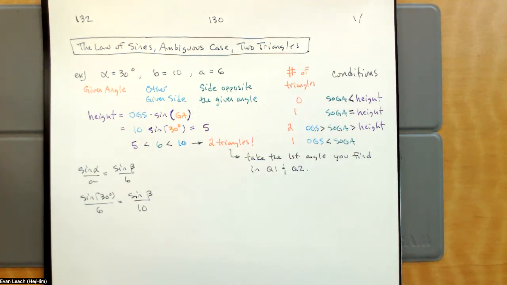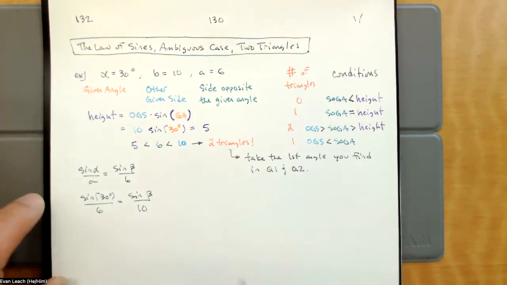So I'll multiply both sides by 10 and take the sine inverse to find angle beta.